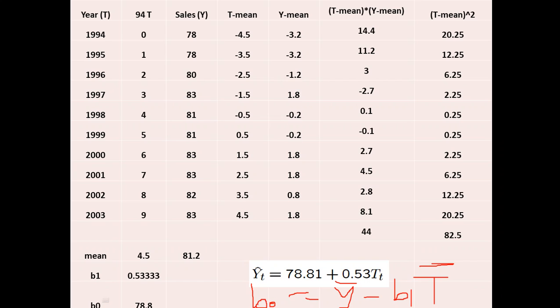Okay, so we find B naught, and next we find y hat.